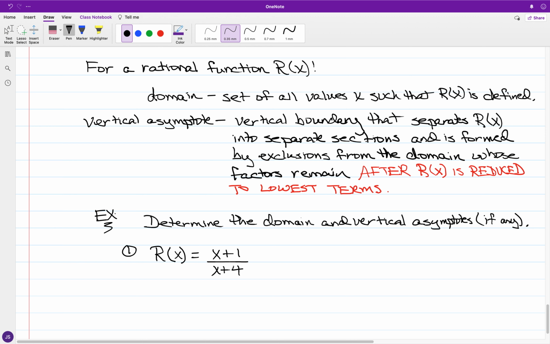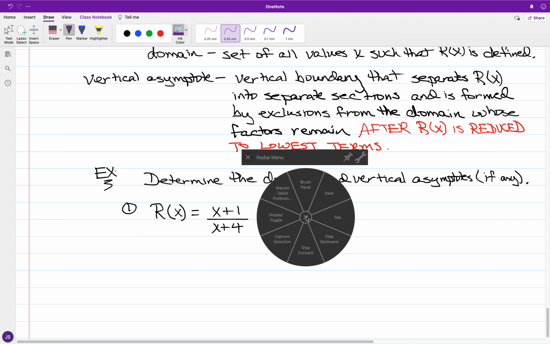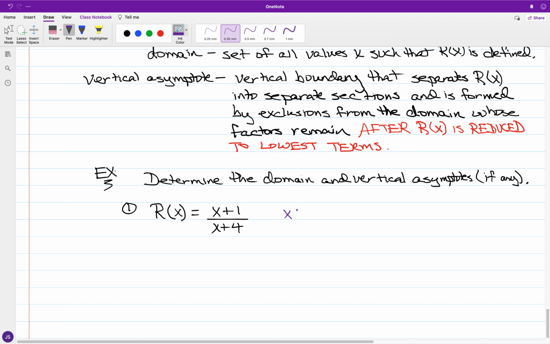Okay, so we're looking for the domain. Now for a rational function to be defined, the denominator cannot be 0 in value. So x plus 4. Now x plus 1 can be 0, so you can have a 0 numerator, as long as you do not have a 0 denominator.